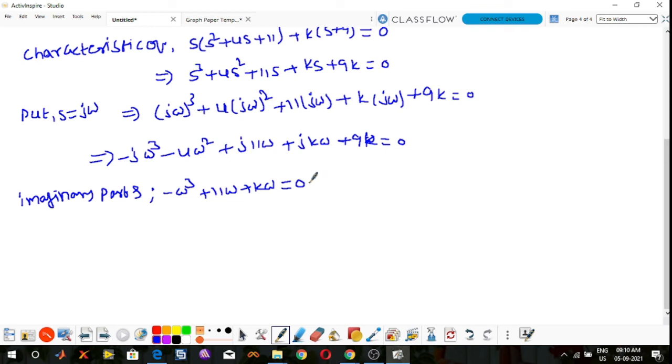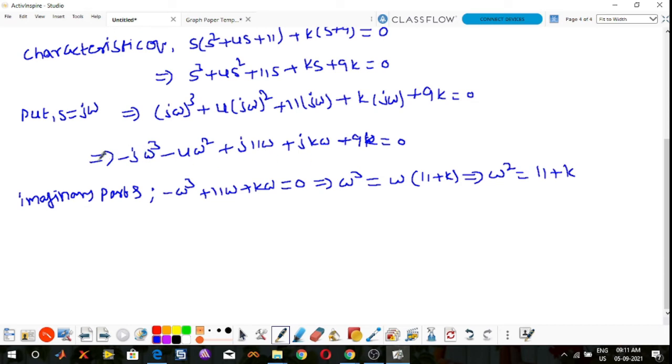So omega cube is equal to 11 omega plus K omega, and omega is common: omega into 11 plus K. On both sides omega cancels, so omega square is equal to 11 plus K.